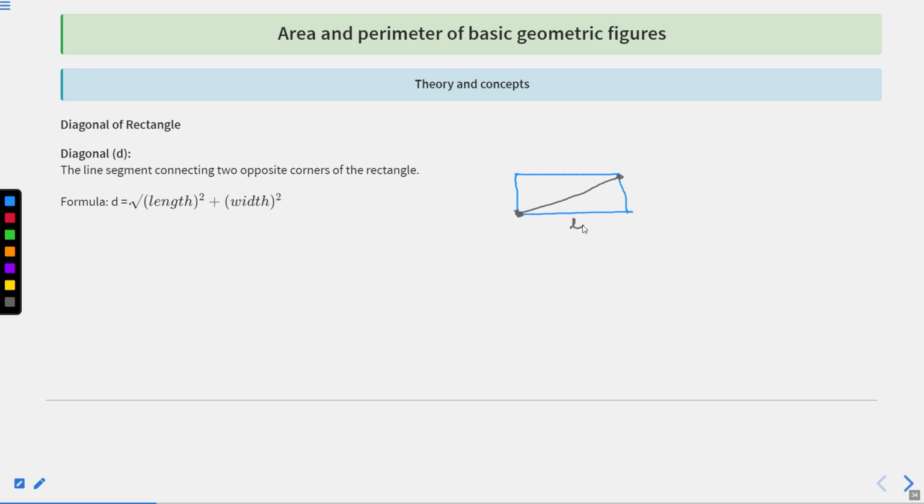If this is length L and this is width W, then I take L square plus W square and put this under the root, and this length X is equal to √(L² + W²).